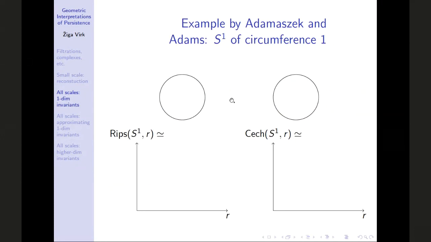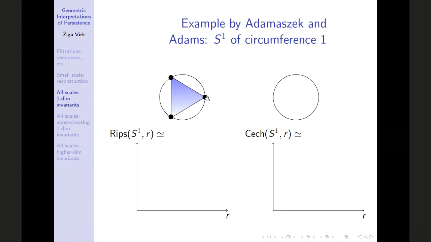Okay, so let's see what happens. If we start talking about Rips complexes of a circle at scales r, we know that for small scales, we'll get something that's homotopy equivalent to a circle. And then at some scale, this thing will break down. It turns out that things break down at the first scale when we reach across.